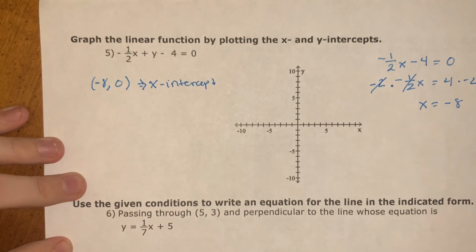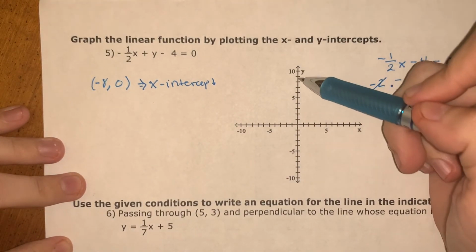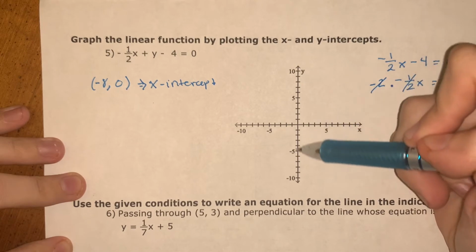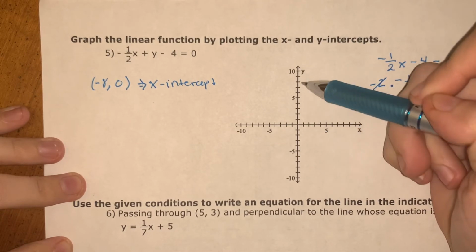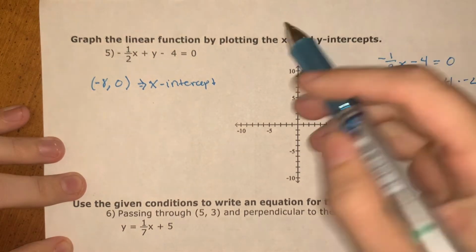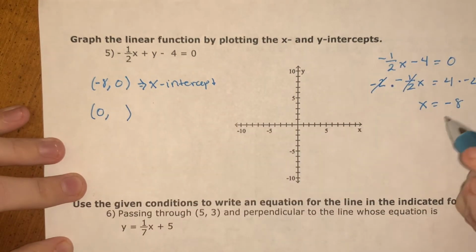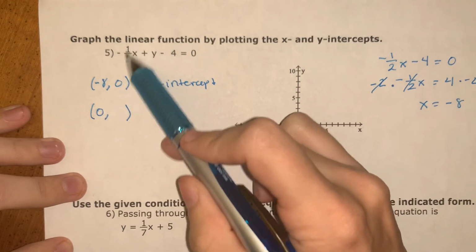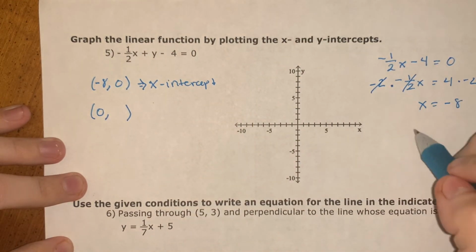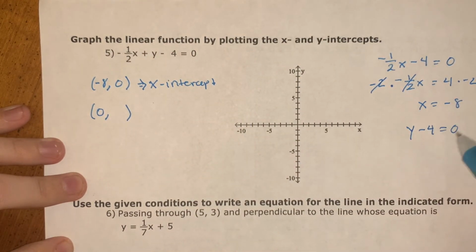Likewise, if we want to figure out our y-intercept, we know that occurs on the y-axis. The value of x along the y-axis is 0. So I want to plug in 0 for x and figure out what y is. So if I plug in 0 for x here, the equation becomes y minus 4 equals 0. Therefore, y equals 4.